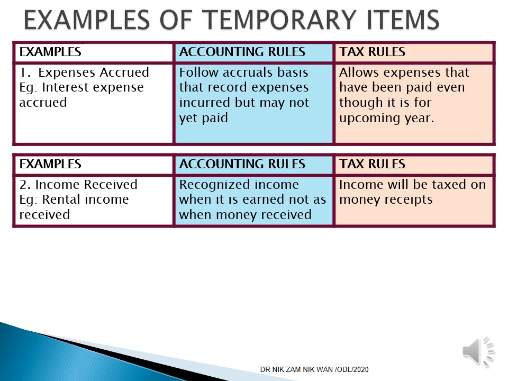Okay, so bila kita tak masuk tahun ni, kita punya pendapatan tu tak dikira untuk tahun ni sebab pendapatan tersebut according to accounting adalah pendapatan tahun hadapan. However, if you follow tax rule, income will be taxed on money received.